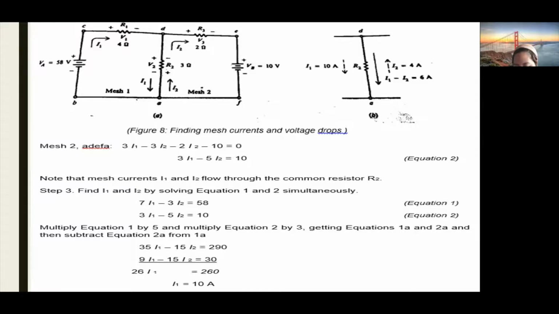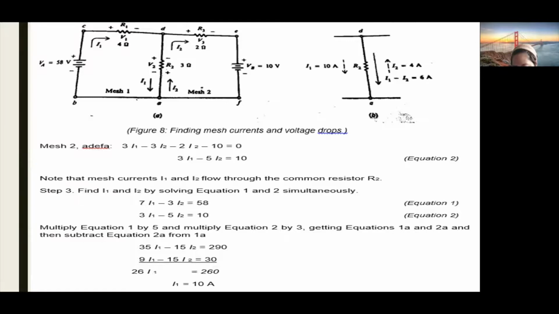Why 5? Because of this 5 here. We refer to this 5 here. So multiply equation 2 by 3. This is where we're going to get 3. So getting equations 1a and 2a.